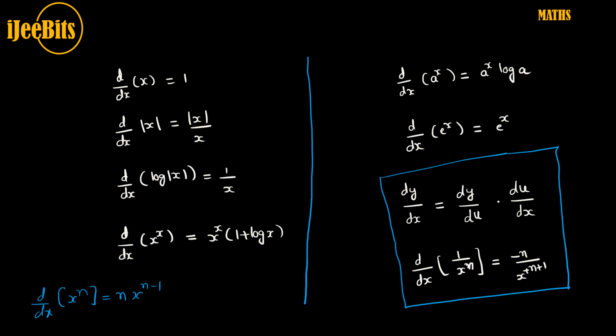So d/dx of x to the power of n is n into x power n minus 1, right? If you look at this one, d/dx of x power minus n, then how do you write it? Minus n into x to the power of minus n minus 1. That's why it is nothing but minus n divided by x power n plus 1, correct? I hope you're clear, right?